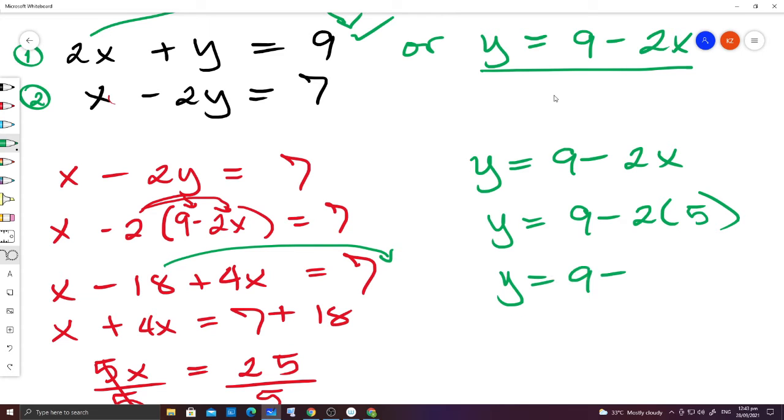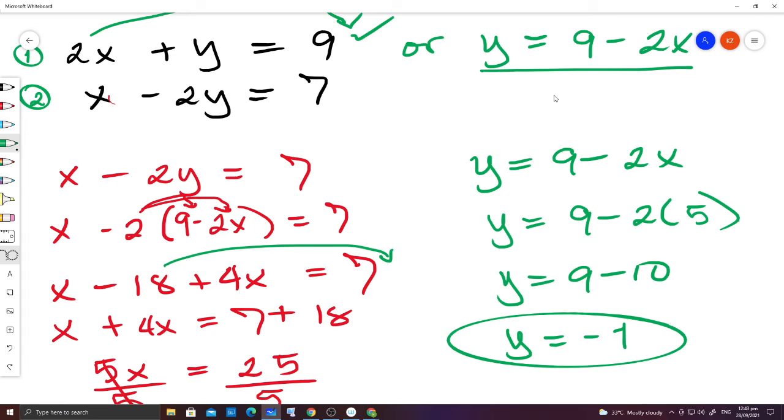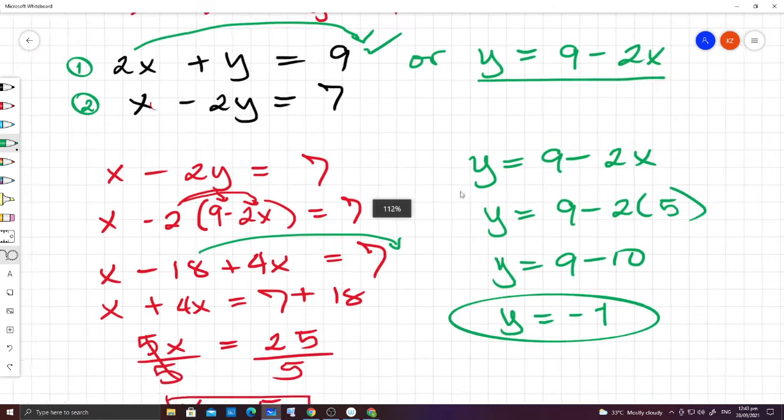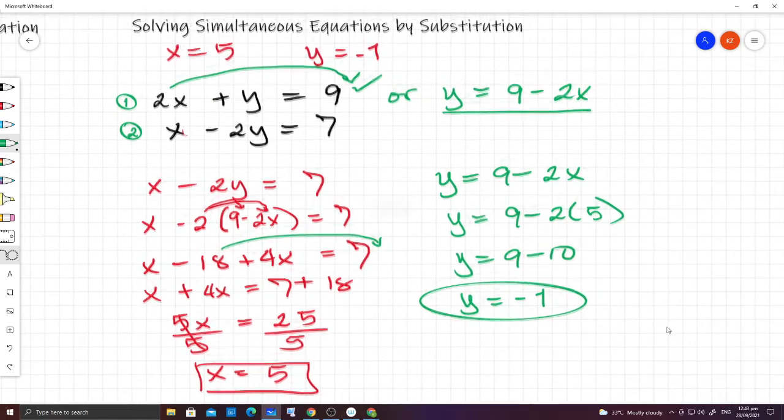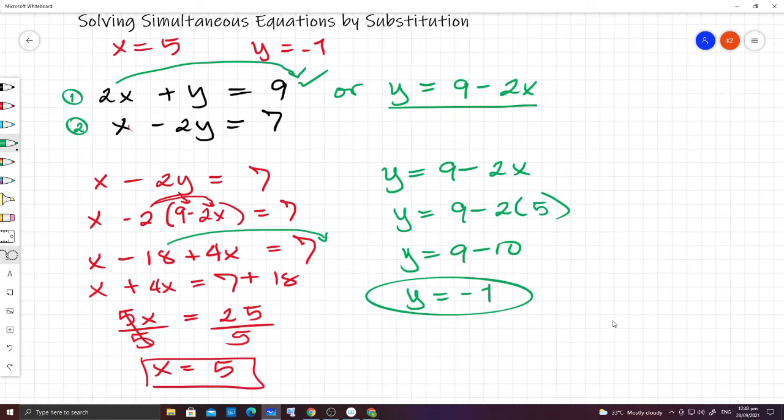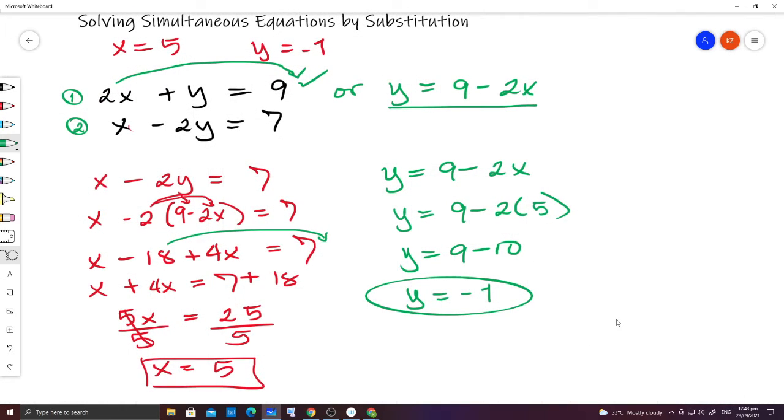So we have 9 minus 10, y equals negative 1. Okay, solving simultaneous equation by substitution. So we still have the same answer from the elimination method. So I will let you choose which one of these two methods is easier for you.